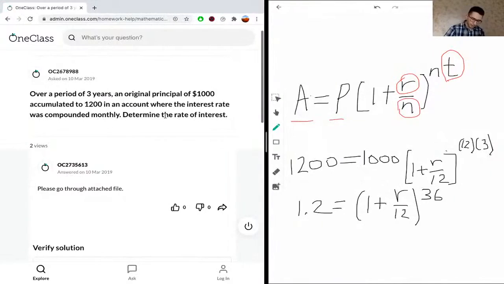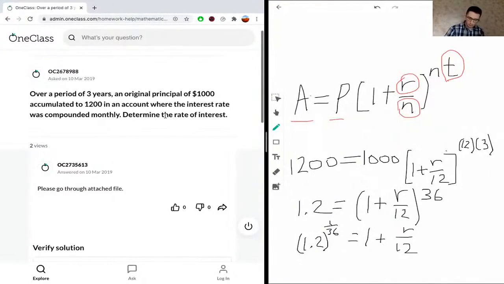To evaluate the left side, we'll say 1.2 to the power of 1 over 36 is equal to 1 plus R over 12.